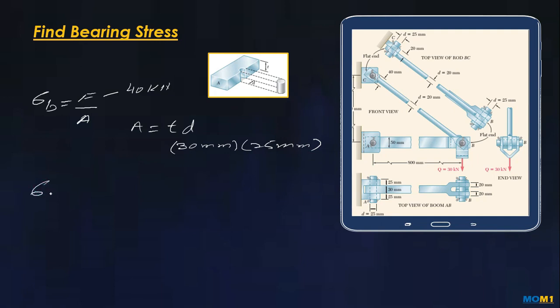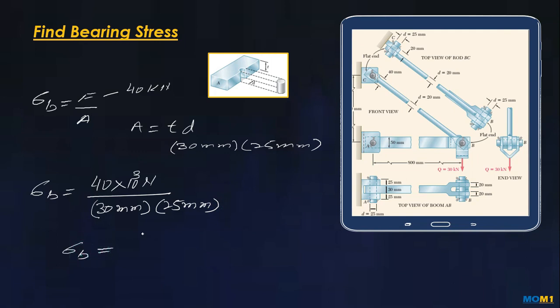So we just use these values: 40 into 10 raised power 3 Newton upon 30 millimeter into 25 millimeter, and we have the bearing stress of 32 megapascal. Now with this we end our discussion here.